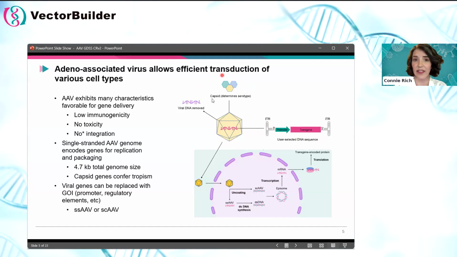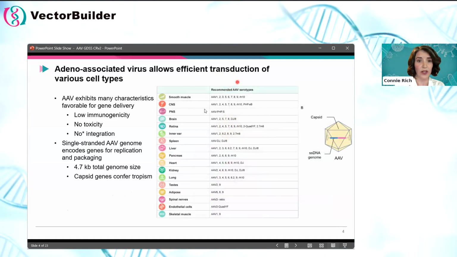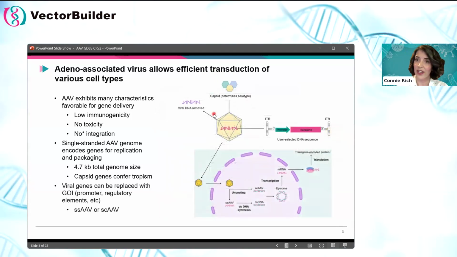Additionally, we can select which capsid we want to use. So if we want to target the brain, we can just use any of the cap genes from these various different AAVs to target our particular target cells.